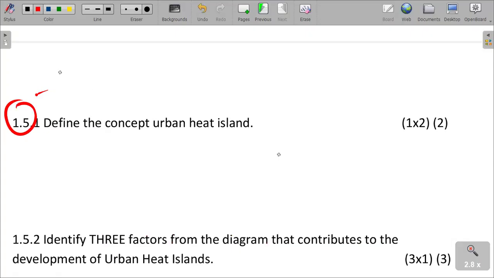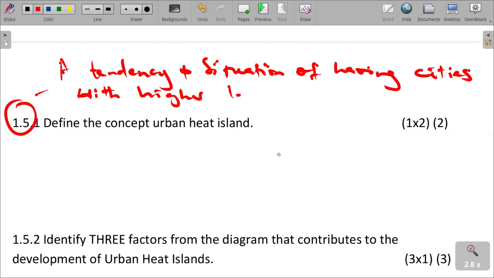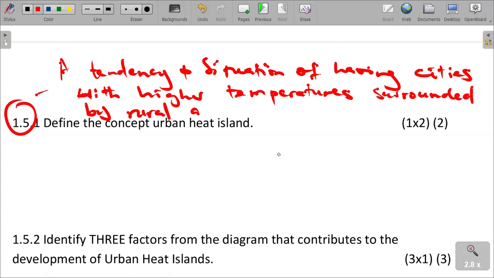We are saying a tendency and situation of having cities with higher temperatures that are surrounded by rural areas with lower temperatures.